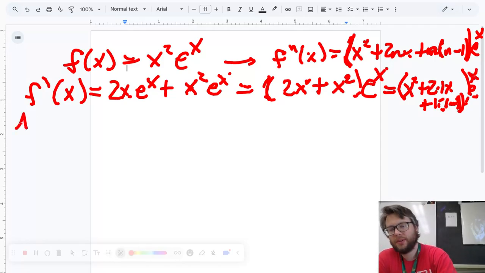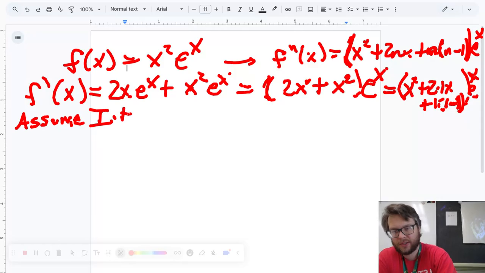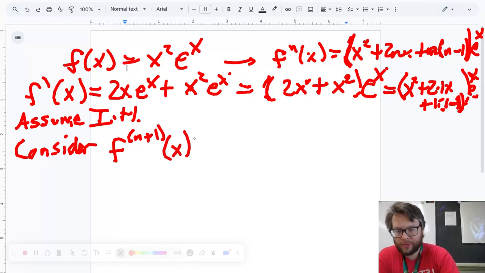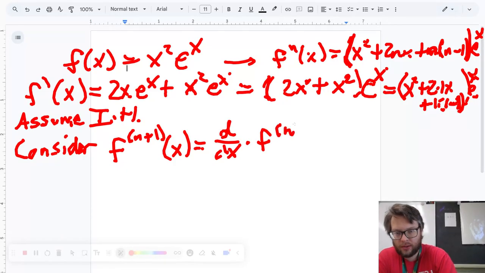Step 2 is going to just be assume, and you're going to write it down on the test. You're going to write down exactly the induction hypothesis, and then we're going to consider the n plus 1th derivative. Well, the n plus 1th derivative is the same thing as the derivative of the nth derivative.